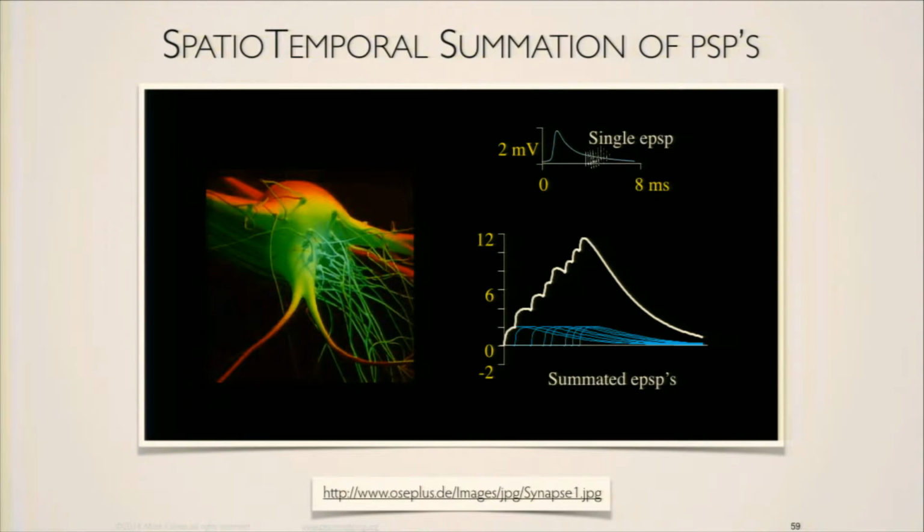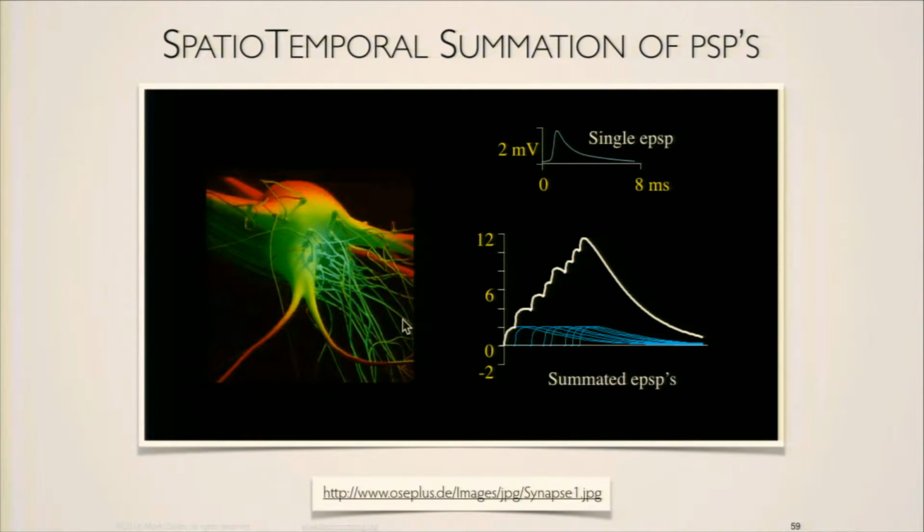Each vesicle creates a single excitatory postsynaptic potential, or inhibitory, which lasts on the order of a millisecond, but is tiny. You have to move the neurons from about minus 75 millivolts to about minus 55 millivolts in order to get an action potential, and these things are only about 2 millivolts, so 10% as large as you would need. So for this to work, multiple EPSPs have to take place essentially at once.